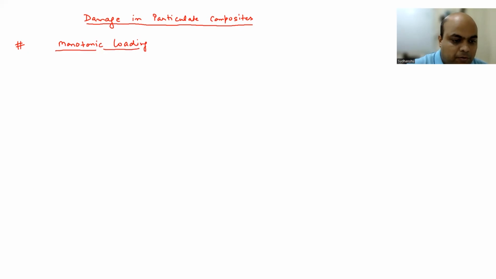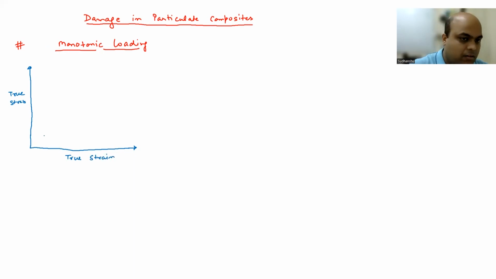So if you do a tensile test of MMCs, particulate MMCs having different volume fraction of particulate, and if you plot true stress versus true strain, you're going to observe a curve like this.